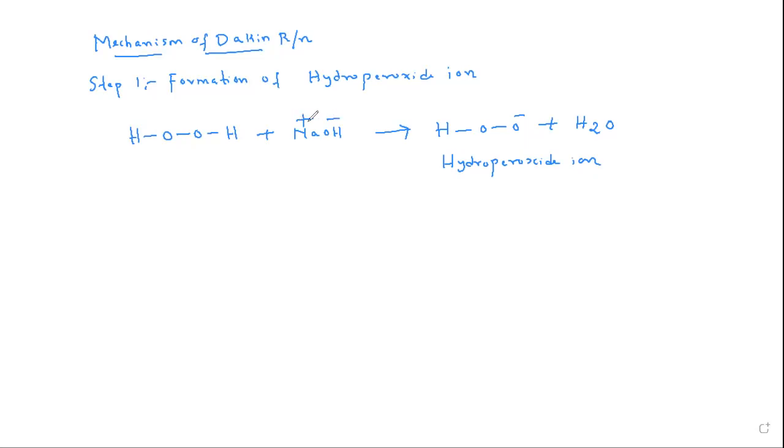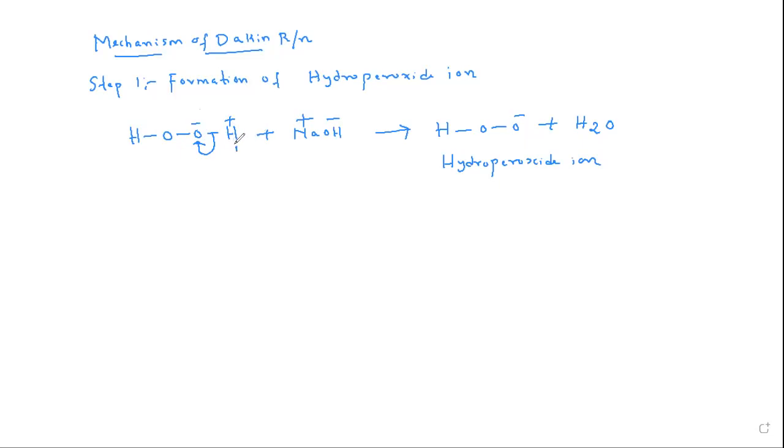Okay, similarly, you look at these two atoms here, oxygen and hydrogen. As oxygen is more electronegative, the electrons which are present in the sigma bond will migrate towards oxygen, where oxygen gets negative charge, hydrogen will get positive charge, right?